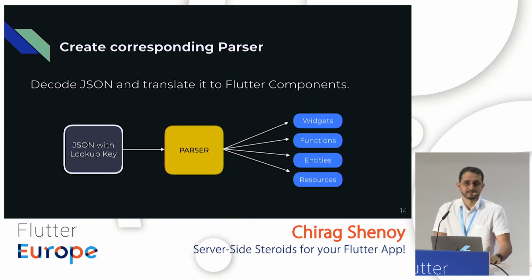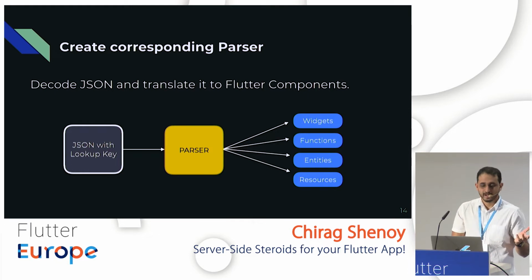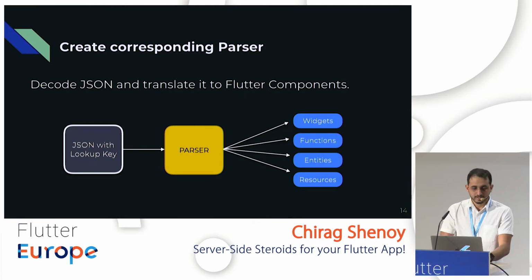And then we have a parser. So you have a grammar on one side and a parser on the other side. You just need to hook these 2 up, and that would create some sort of understanding between these 2, is what we wanted to do. So if you see here, we have a JSON with a lookup key, which is the unique identifier.